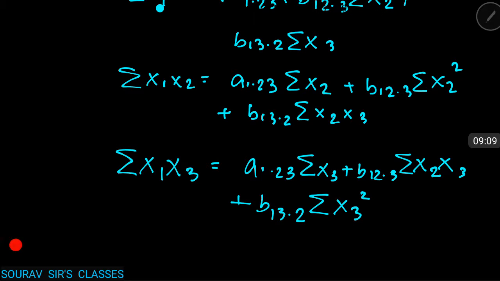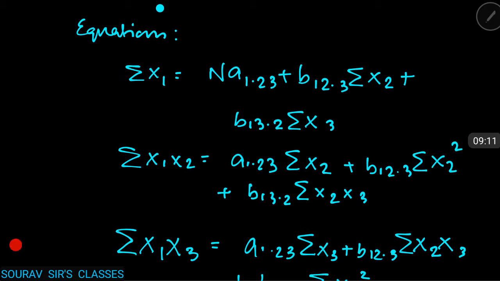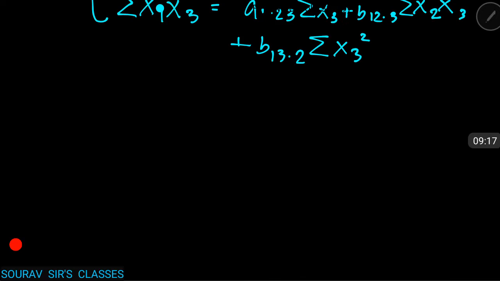Let all these three equations be A. The last two of these can be obtained if we multiply equation 1 by x2 and x3 on both sides.